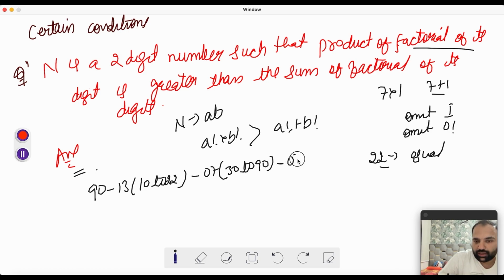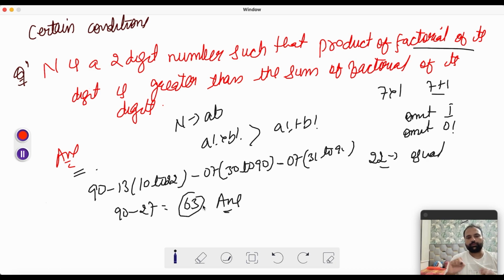And we omit all the numbers that have 1, like 11, 21, 31, 41, 51. But we have already taken 11 and 21, so it is 31 to 91. So 90 minus 27 gives us 63. Beautiful, beautiful, beautiful question, isn't it? All your concept will be applied over here.